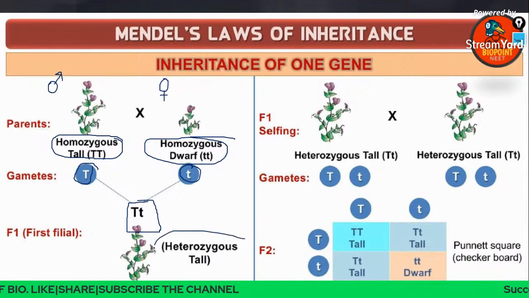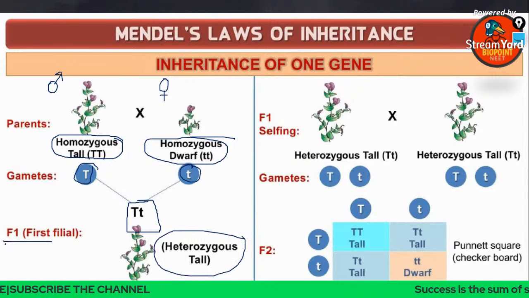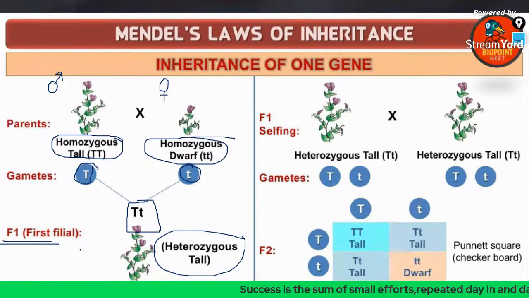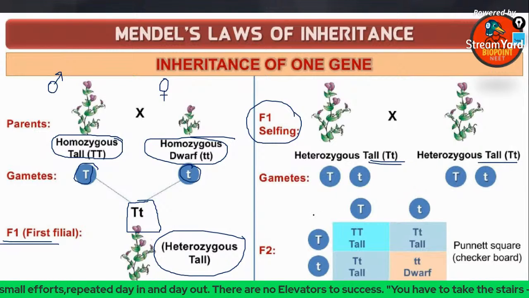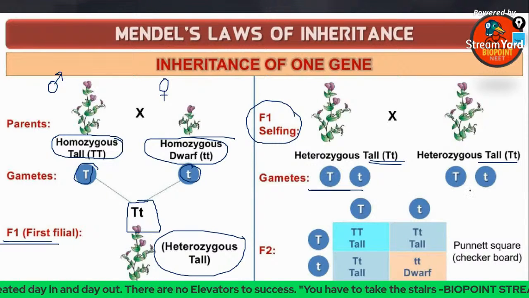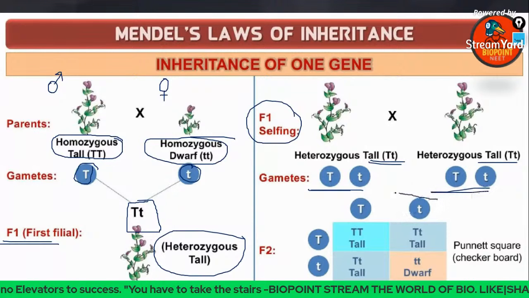So heterozygous tall is the F1 generation or the first filial generation. And what we are going to do next is F1 selfing. We are self-pollinating the F1 generation, that is capital T small t into capital T small t. The gametes are capital T, small t, capital T, small t, and we are getting this.